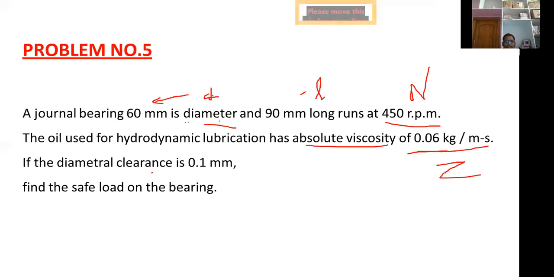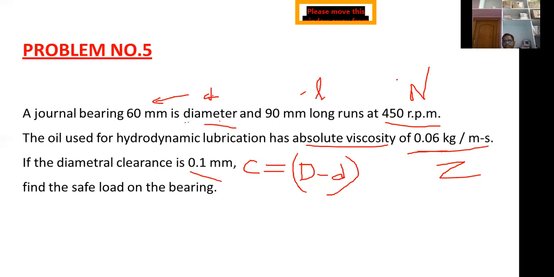Here the diameter clearance also is given. That is diameter clearance, capital C. Capital C equal to diameter of the bearing minus diameter of the shaft is given. The value of capital C equals 0.1 mm.